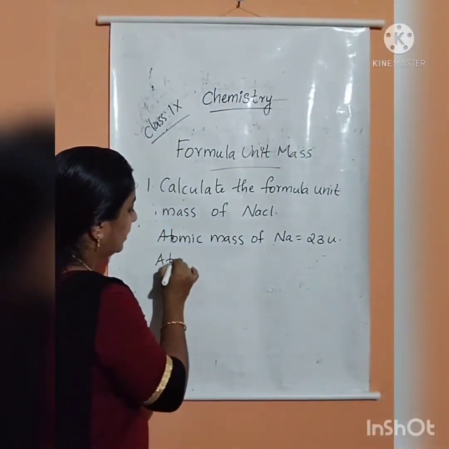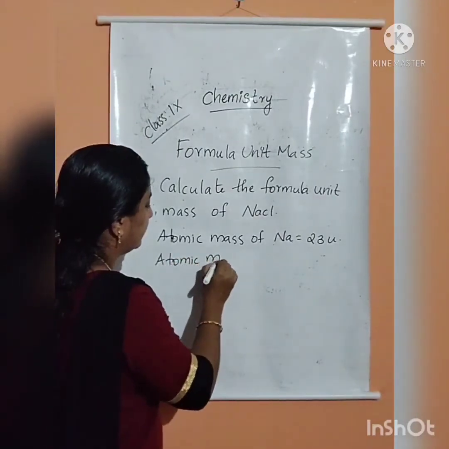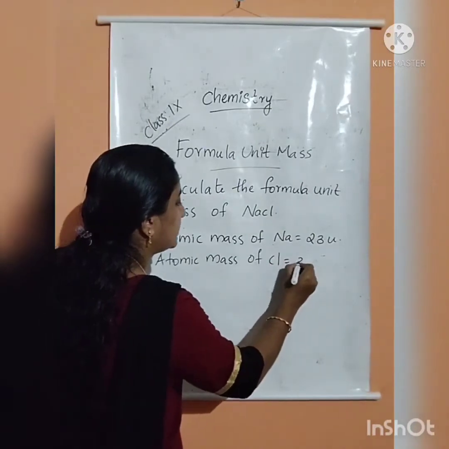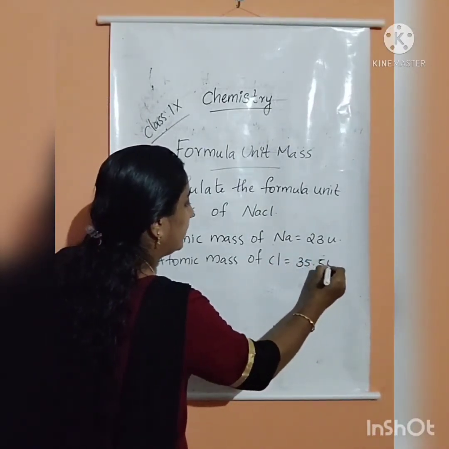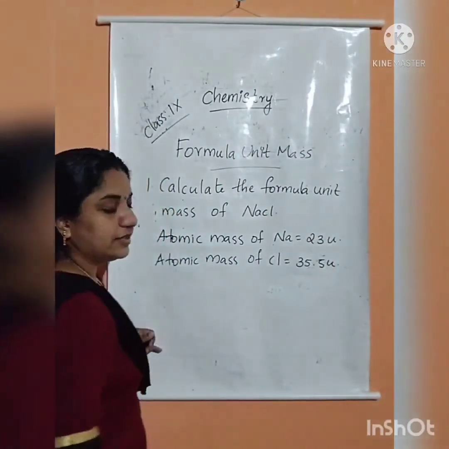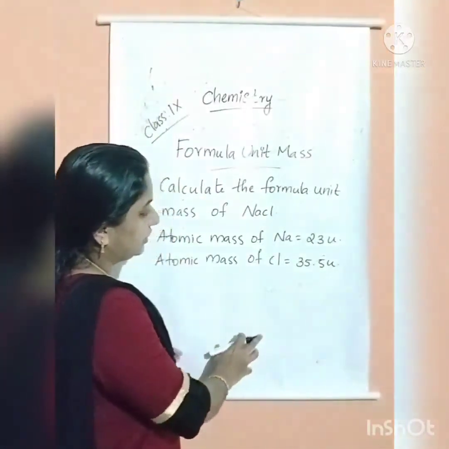Then the atomic mass of chlorine is 35.5 atomic mass unit. Here this is 23, and here 35.5 atomic mass unit.